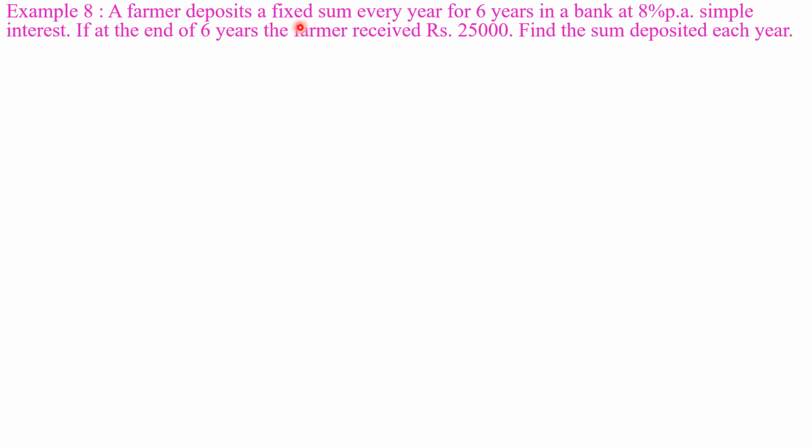A farmer deposited a fixed sum every year, for 6 years, in a bank. The rate of simple interest is 8%. At the end of 6 years, the farmer received 25,000. We have to find the sum deposited each year. Okay, understand this problem?